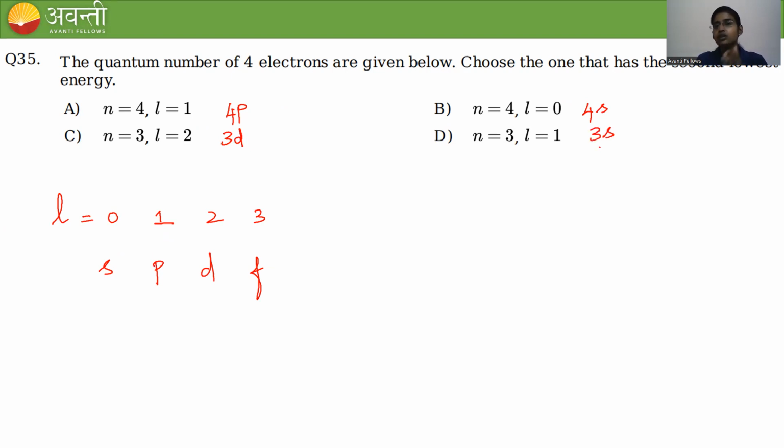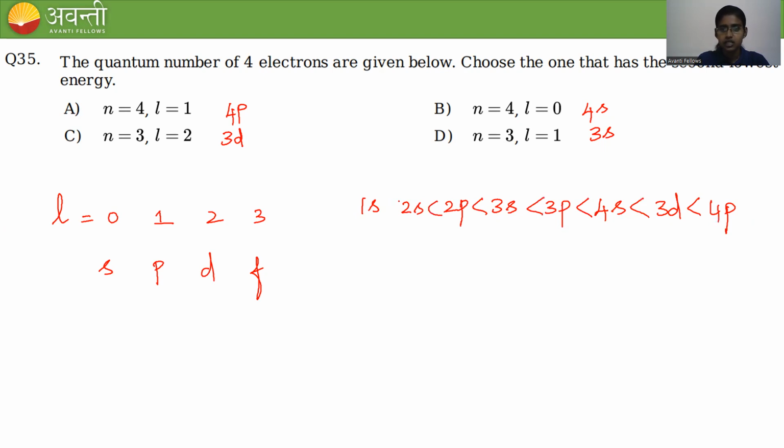Now try to arrange the energy levels. It is written like this: 1s, 2s, 2p, 3s, 3p, 4s, 3d, 4p, and it goes on. So 4p is at the higher energy level, then comes 3d, and the remaining energy levels follow.